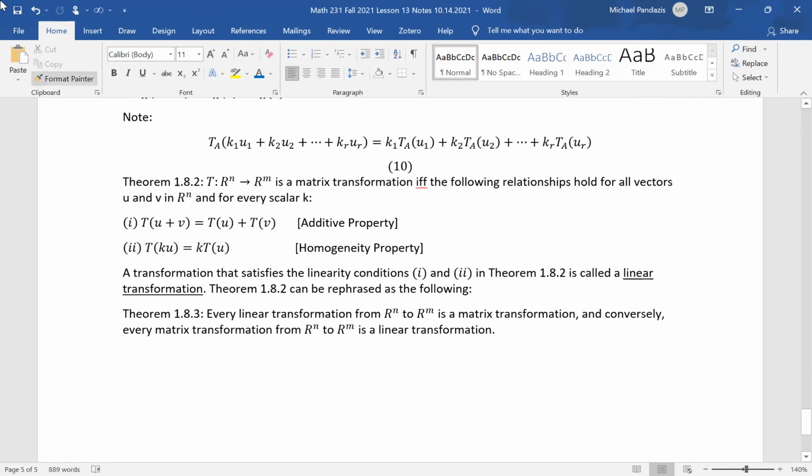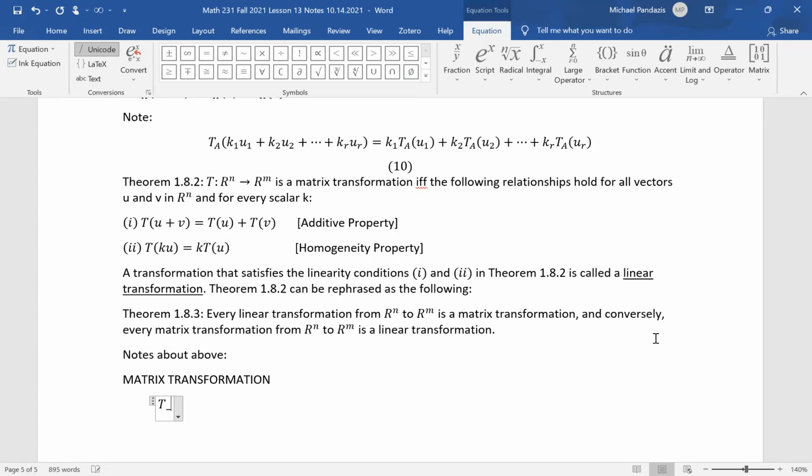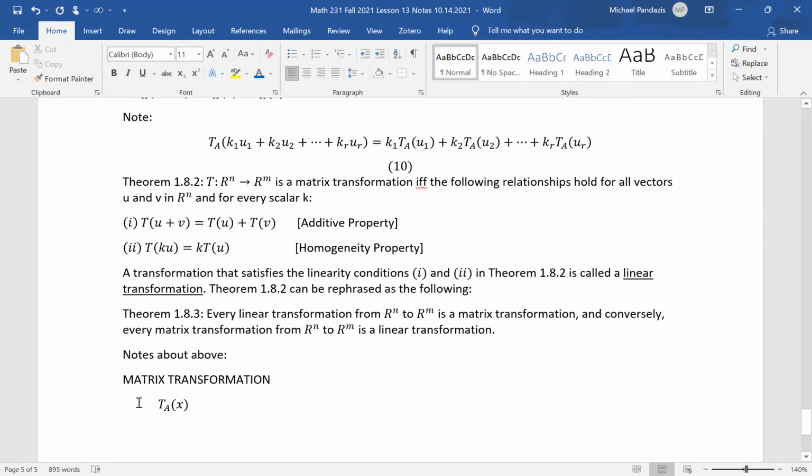Okay, to help you understand what I'm saying here, remember a matrix transformation, these are notes from above. If you have a matrix transformation, you might think of it as something like T sub A of X, left multiplication by A. That would be a matrix transformation, and it could be from Rn to Rm.